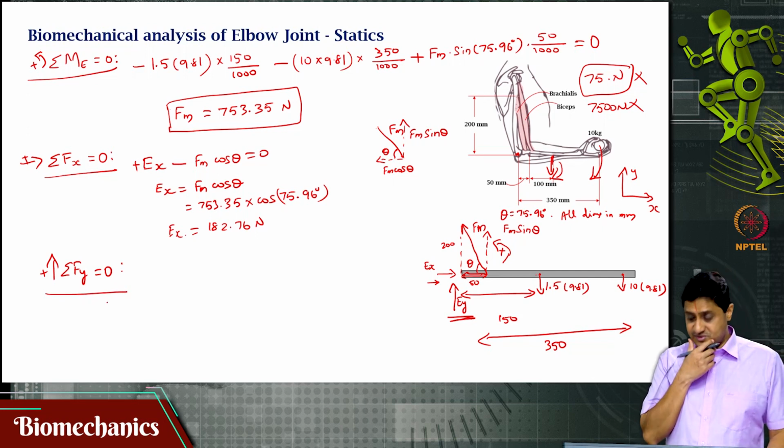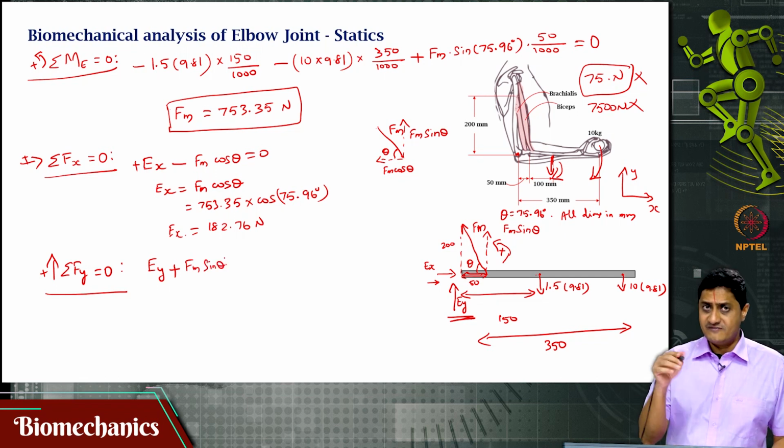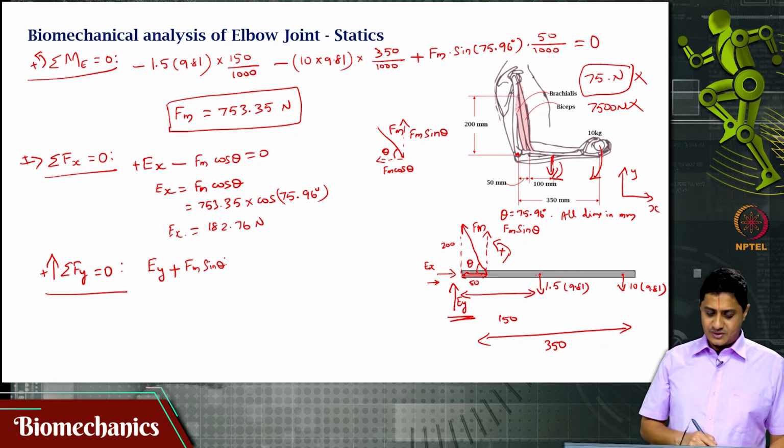Here there will be many terms, okay, because there will be Ey in the positive y direction plus Fm sin theta. Why plus? I already resolved this for you. We already resolved Fm to act along the positive y axis, and the components of Fm are along the positive y axis and the negative x axis.